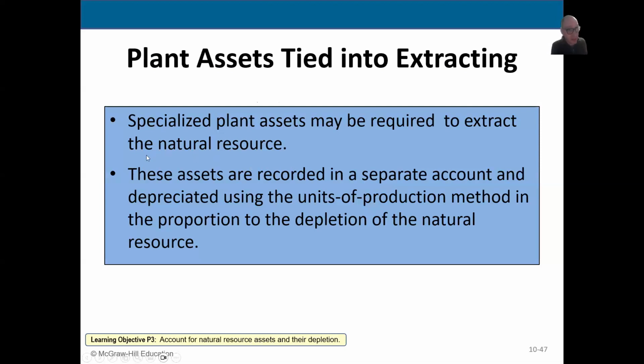When it comes to depleting natural resources, we're using company assets, usually heavy machinery. Those machines will have their own depreciation rates, and we'll use units of production to depreciate those assets.